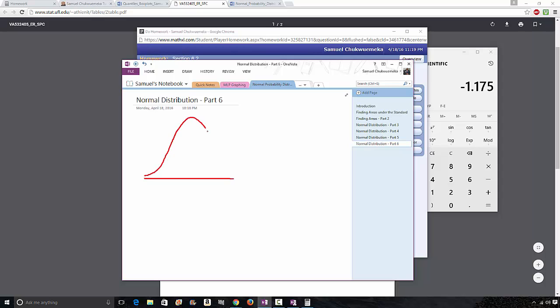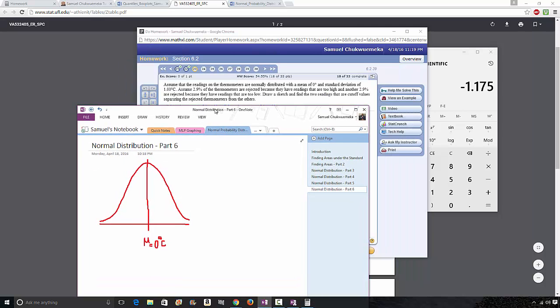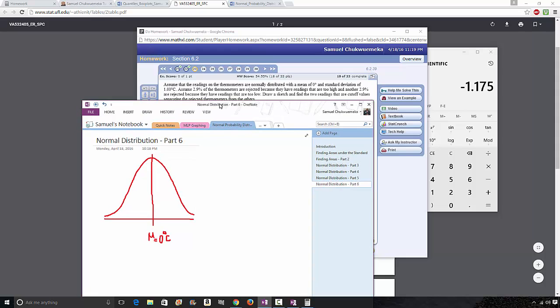2.9%, so that's the area. Remember, area can also be in percent, or probability. Our mean is 0 degrees Celsius. Now, 2.9% are rejected because they have readings that are too high. So it's going to be like here, too high.